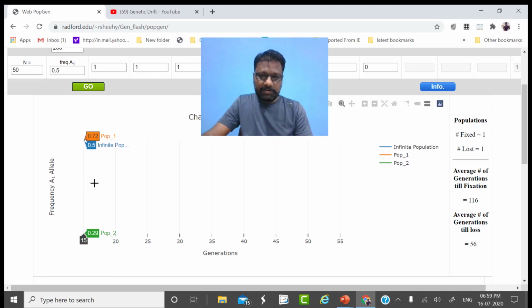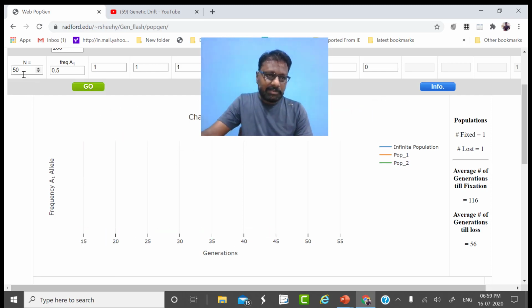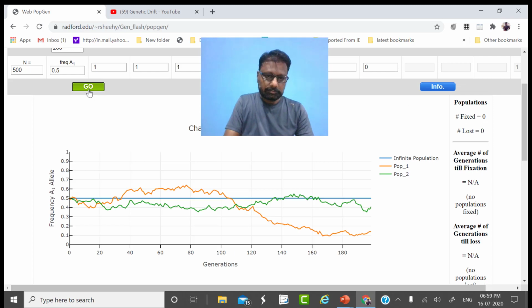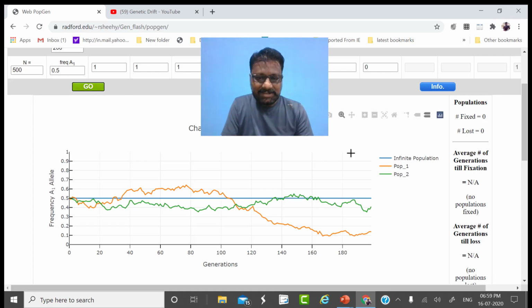Suppose we increase the population from 50 to 500. Now let us see. There is less drift which we can see in the allelic frequency among the populations.